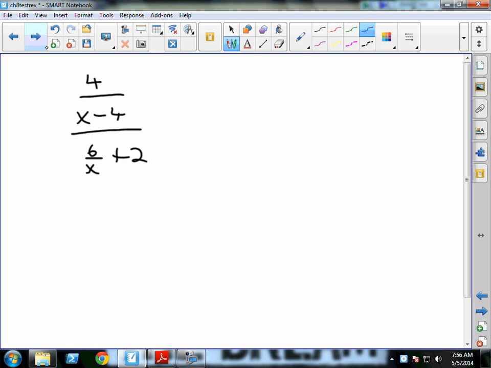What I would probably do is start off by multiplying 2 by x over x. So when I do that, my numerator is still going to be 4 over x minus 4. My denominator now is going to be 6 plus 2x all over x. That's going to make this one a little easier to work with.